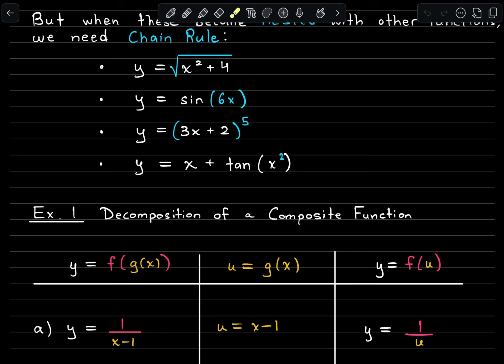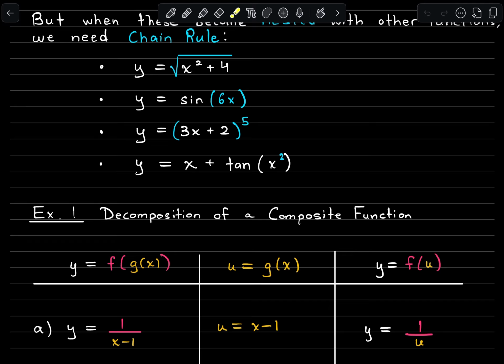Okay, so if you had, for part A, y is equal to 1 over x minus 1, that denominator is what I'm going to represent as u. That's my x minus 1. That is a function in itself. That function is falling within this outer function, which is dividing 1 by something.